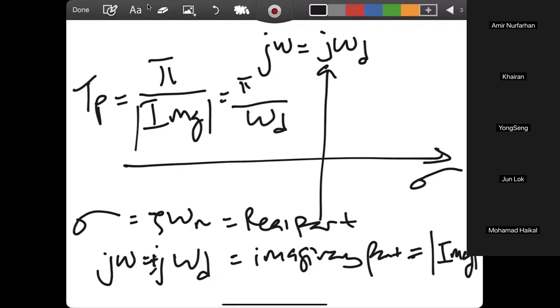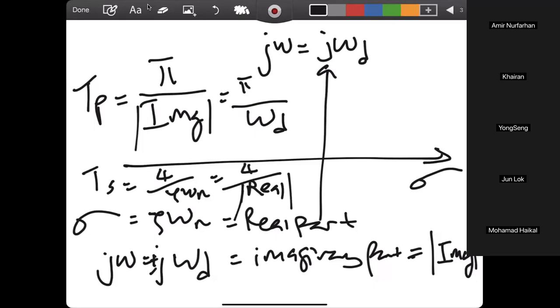And then settling time Ts, 4 divided by zeta omega n, is equal to 4 divided by the magnitude of the real part, which is zeta omega n. Okay, so please remember this.